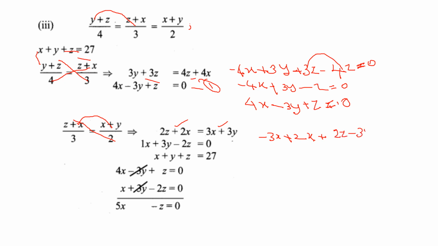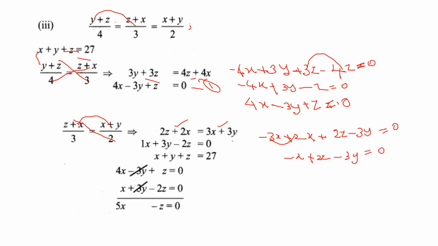The 3y will come to the left hand side and change sign. And minus 3x plus 2x is minus x. In standard form, 2z, equal to 0.